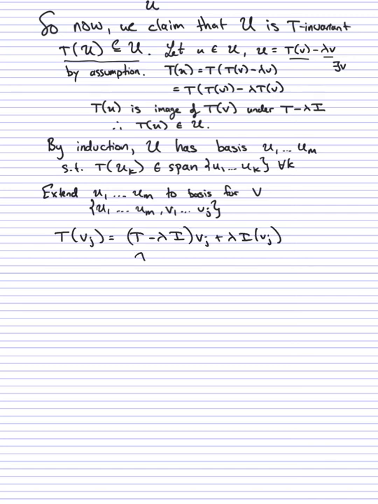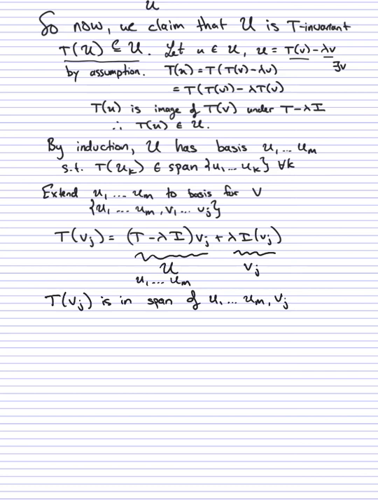So in other words, we have something that is in U, so it's in the span of u1 up through um, plus something that is just a multiple of vj. Therefore T of vj is in the span of u1 up through um and vj.